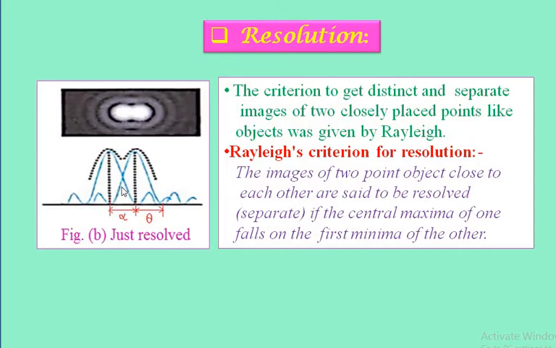Central maxima of one exactly falls on the first minima due to the other, and this is called Rayleigh's criterion for the resolution.